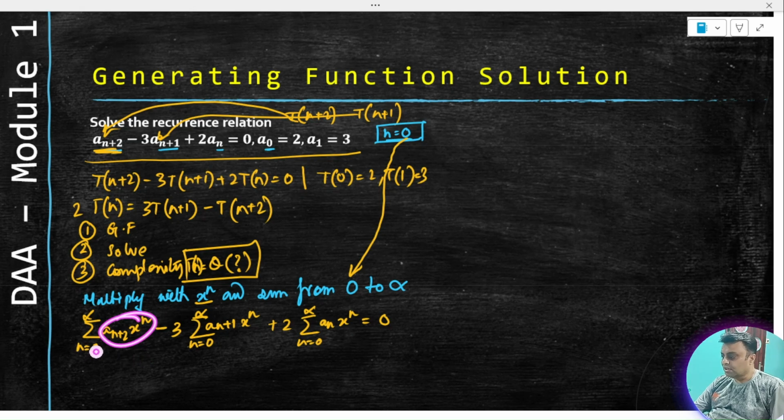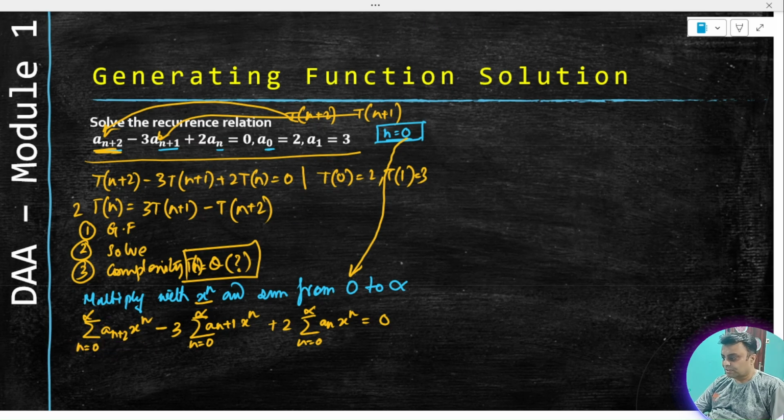So think about it. N equal to 0 means this becomes A2 x to the power 0. The next time it comes, that is n becomes 1, then this becomes A3x. The next time n comes, which is n equal to 2, this becomes A4 x square. So this term, if you expand, let me write down.